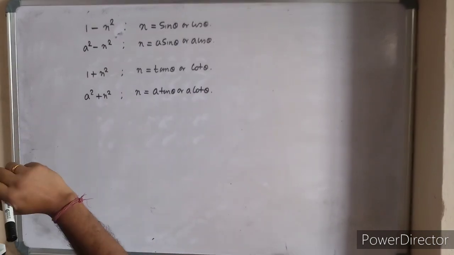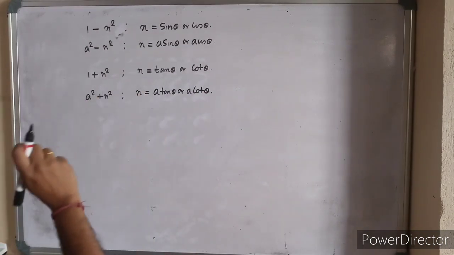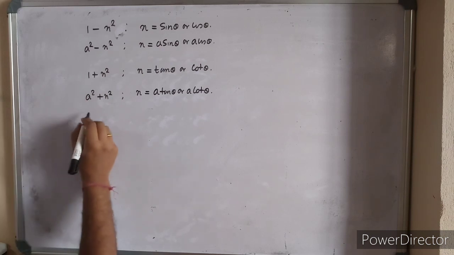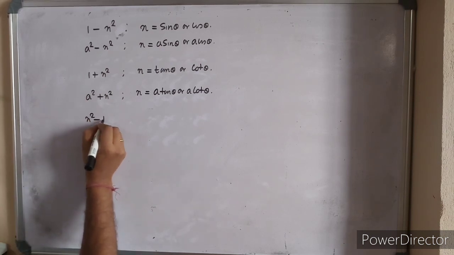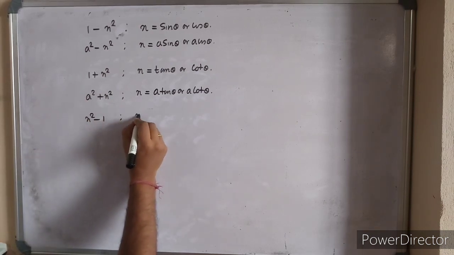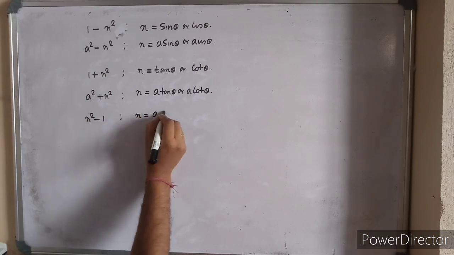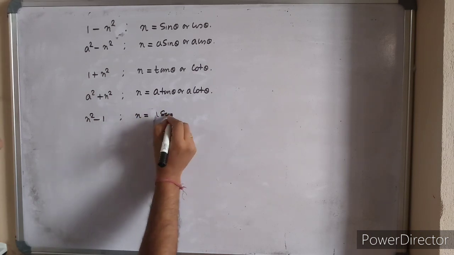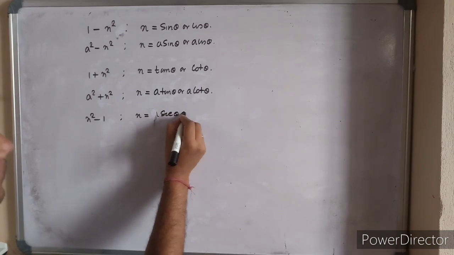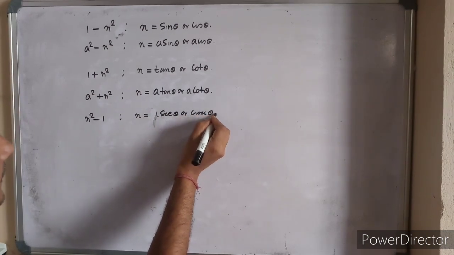This substitution you have to remember, how to apply the trigonometric functions. Now next is x square minus 1. Then you have to substitute x equals sec theta or cosec theta.